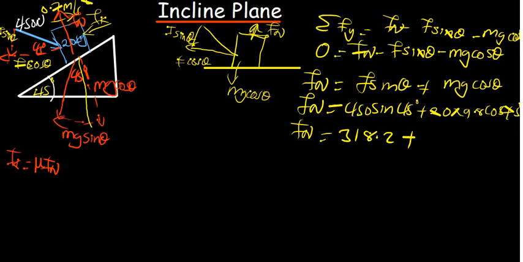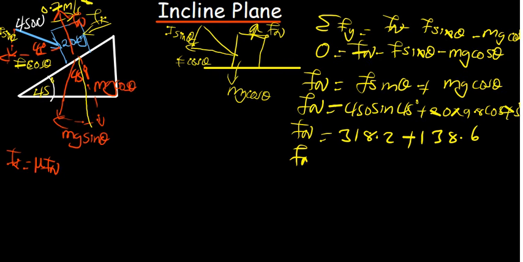Plus, what is 20 times 9.8? 196. So what is 196 cos 45? I'm getting 138.6. So that 138.6 plus 318.2. Okay, I'm getting the same one.